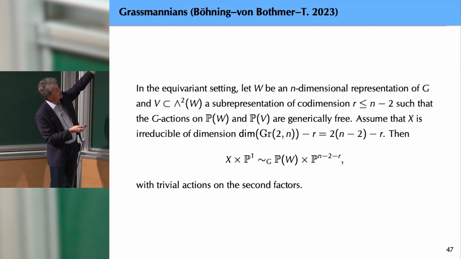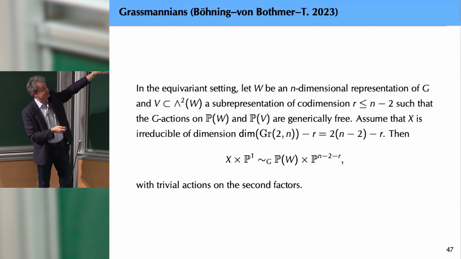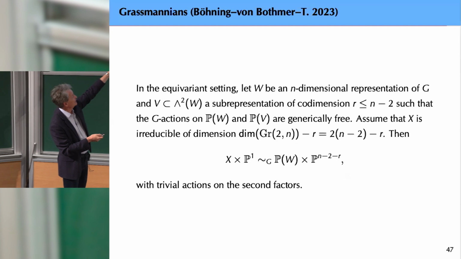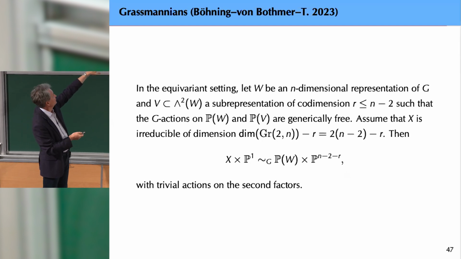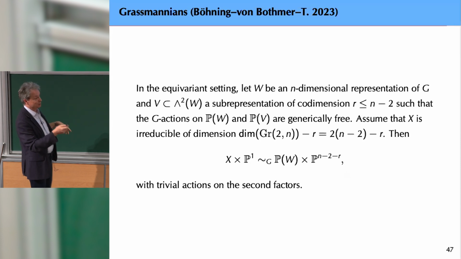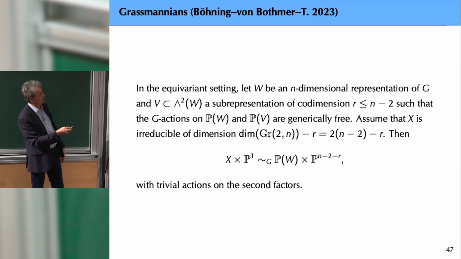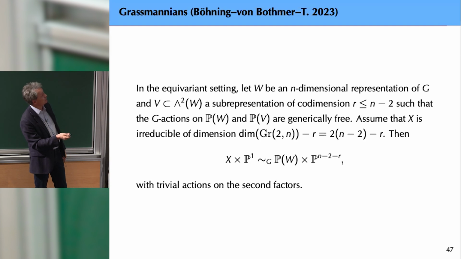Then you find that X times P1 is birational to the projectivization of W with P^(n-2-r). And then, of course, if you pick n equal to 2 plus r, you get direct birationality with P(W).